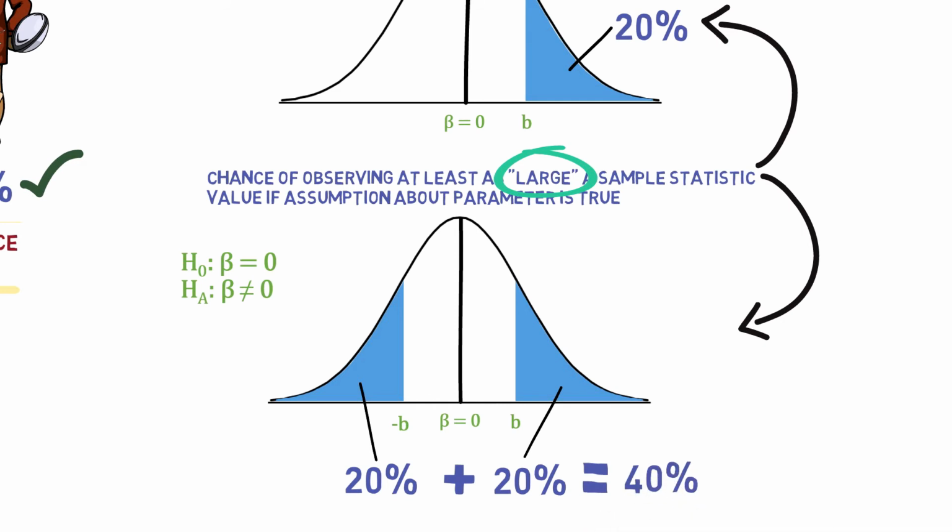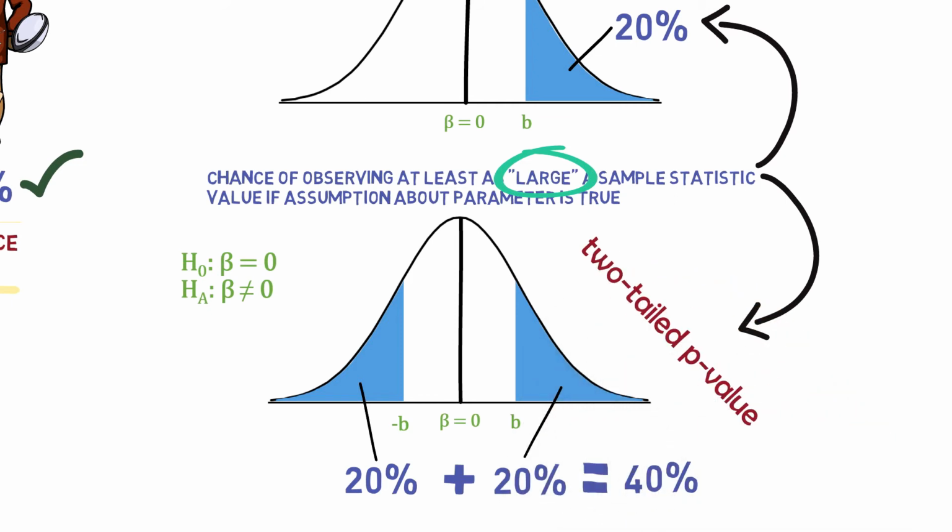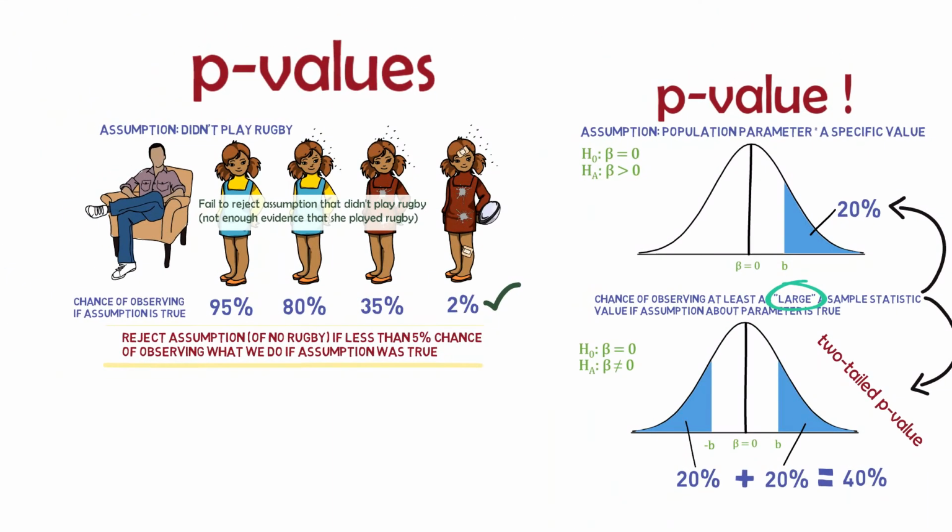But the logic here is exactly the same. What's the probability of observing the sample we did under the assumption that the null hypothesis is true? In this case, it's 40%. Again, this is similar to the logic in the rugby case. We're not assessing the probability that our daughter played rugby or not. We're assessing what's the likelihood of observing what we did if our assumption was true.